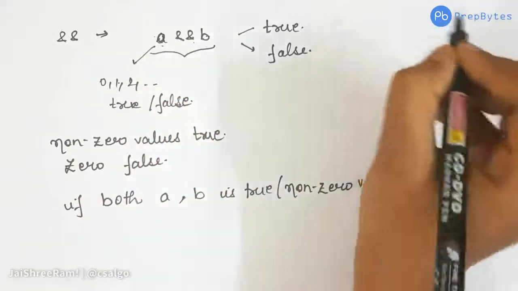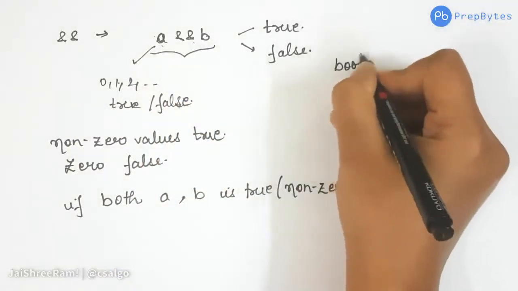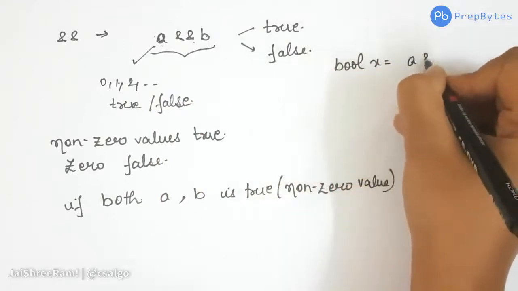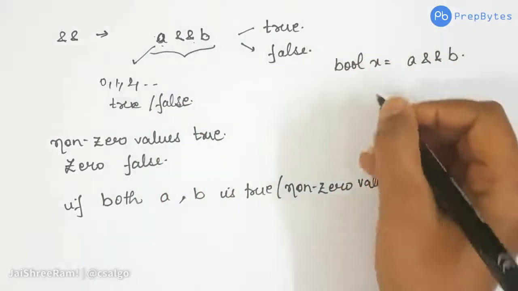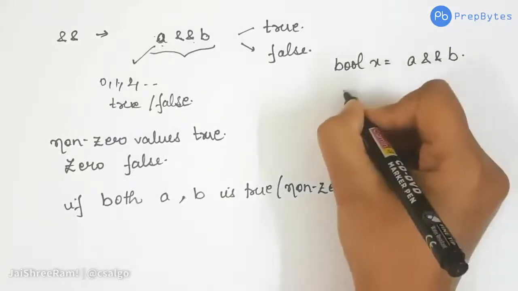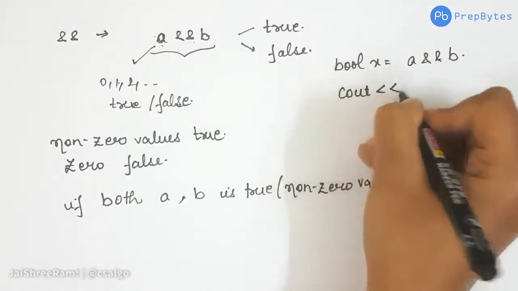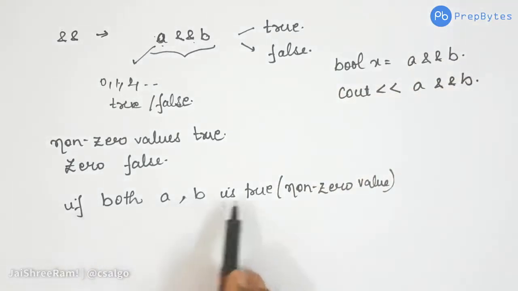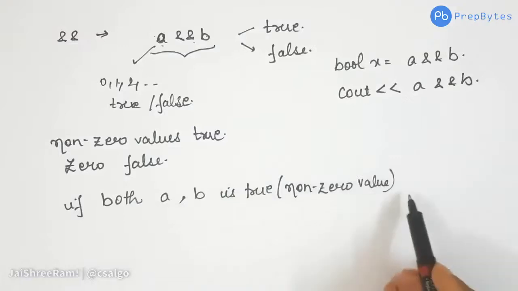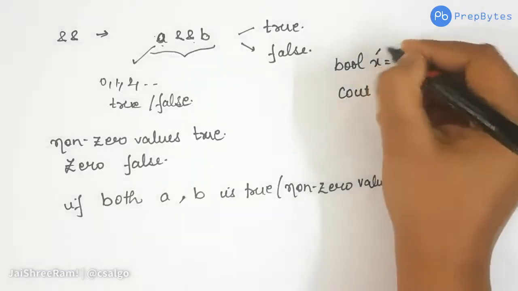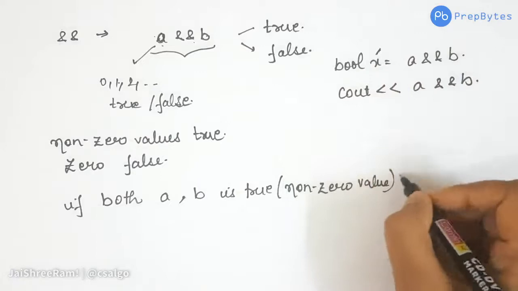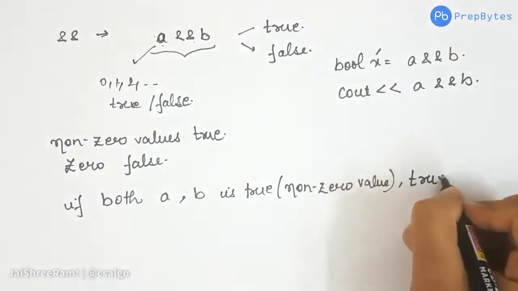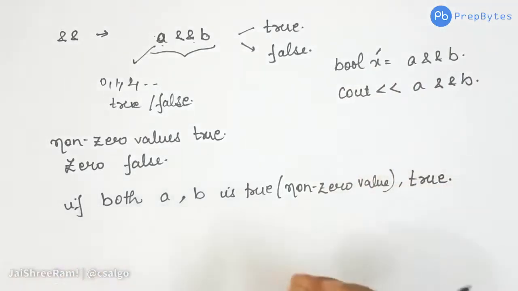So if I write something like bool x equal to A and B, or if I try to print A and B with cout, then only if both A and B are true or have non-zero values will the result for x, or the print here, be true. And if either of them or both of them are false, the result is going to be false.